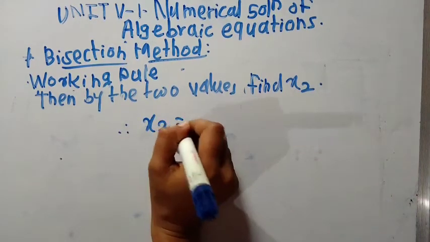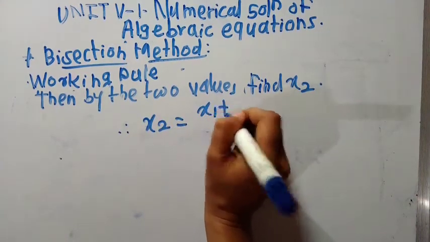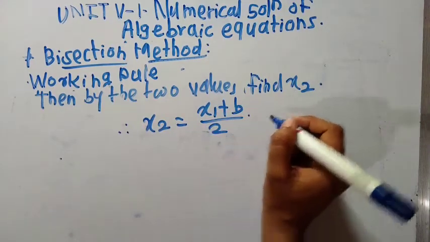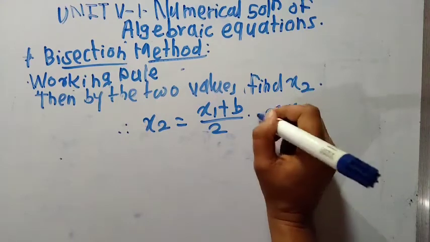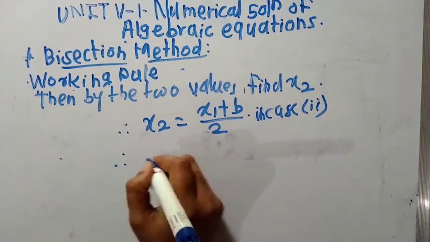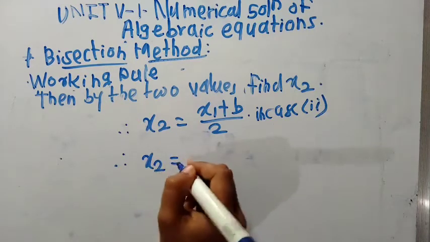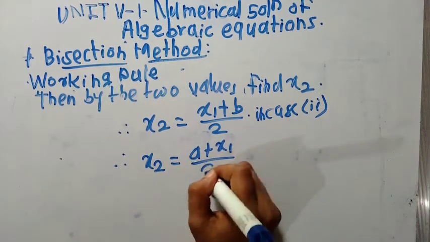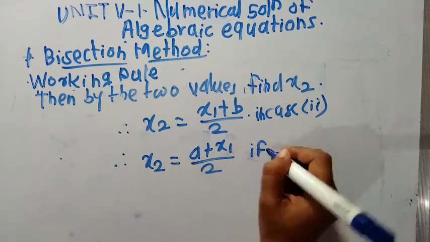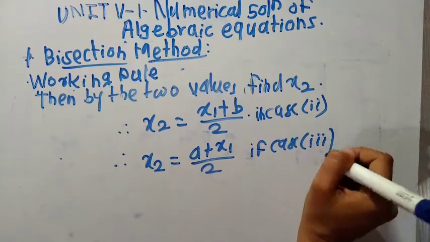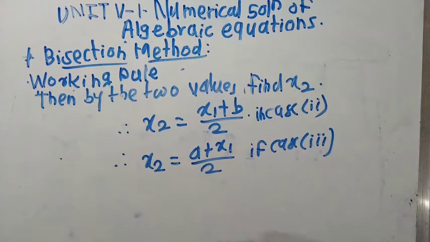So x2 is equal to x1 plus b divided by 2. In case second, use this formula, then x2 is equal to a plus x1 divided by 2. If case third, use this formula for x2.